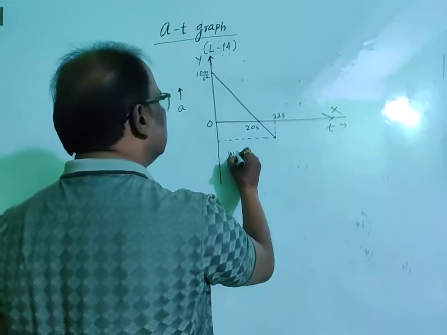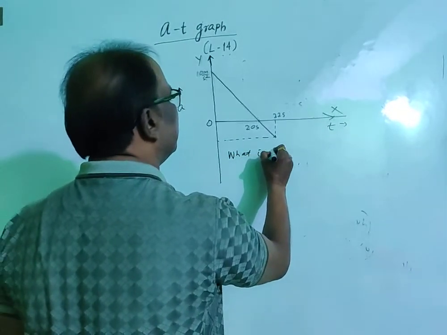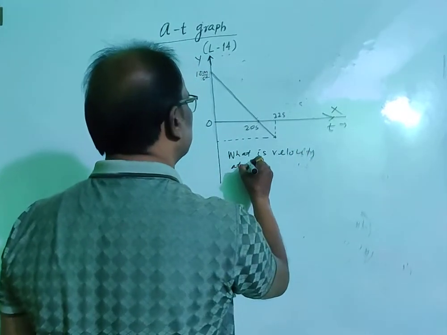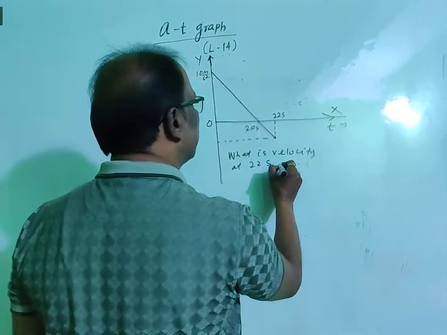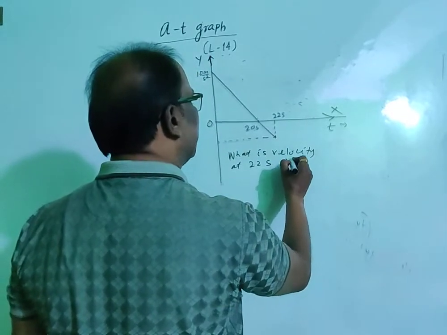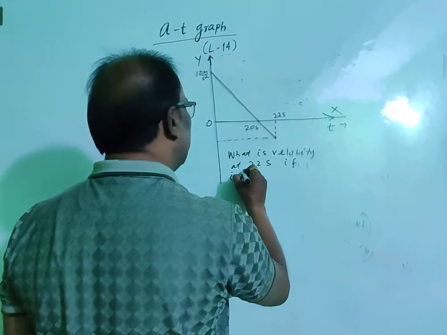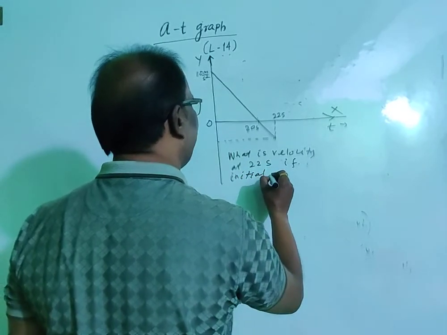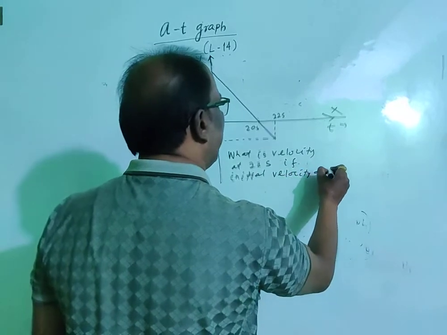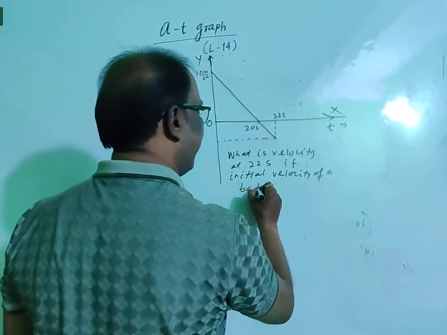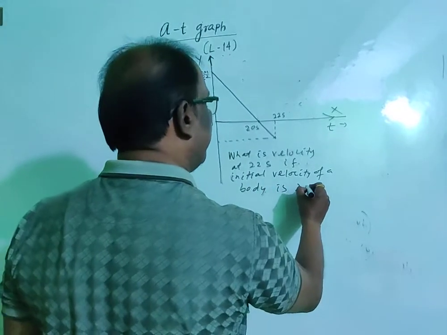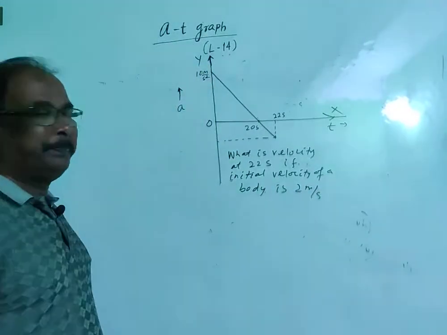It is asked what is the velocity at 22 second if the initial velocity of a body is, any value you may take, 2 meter per second.